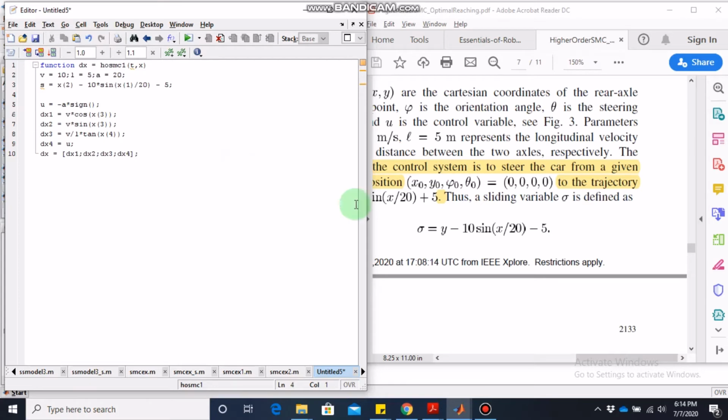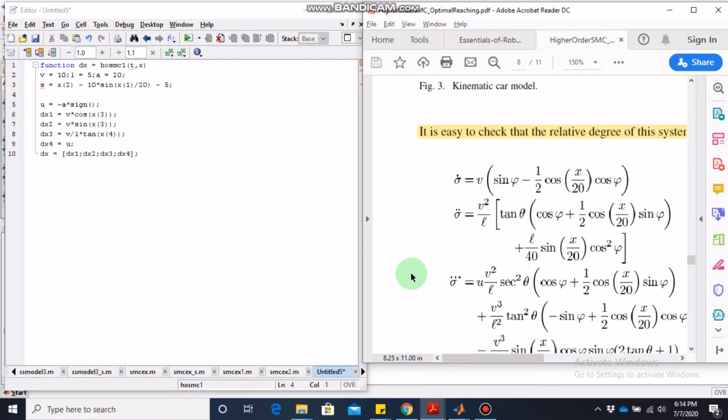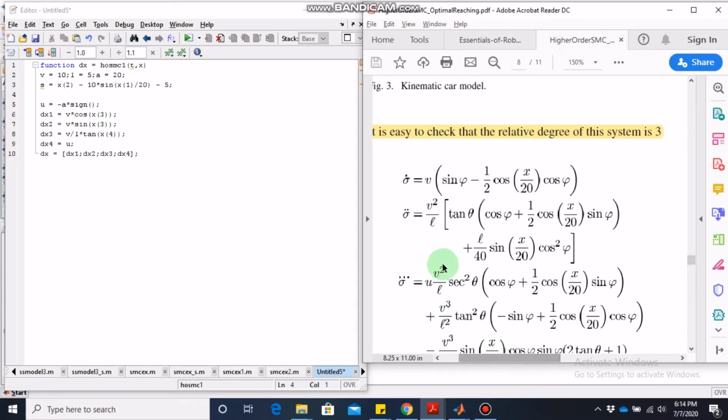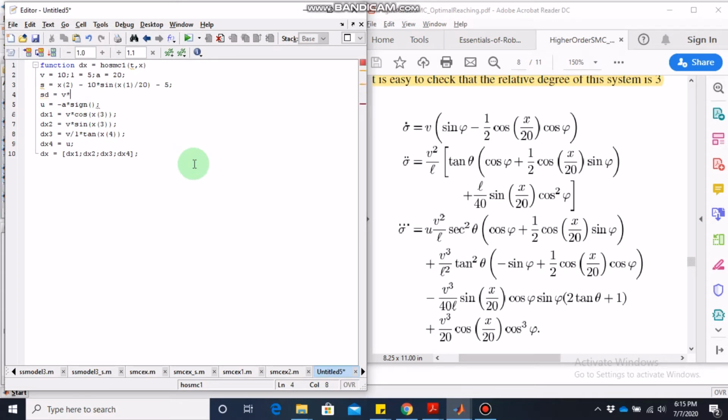And the next is the derivatives of the sliding surface that are going to be used in the control law. So we are going to use these derivatives of the sliding surface. So s dot, we call s dot equal sd in our code. So sd is equal to v, we have already defined to be equal to 10 in our code, so v times this sine of phi, which is in our case x3, and then minus 1 by 2, which is 0.5.